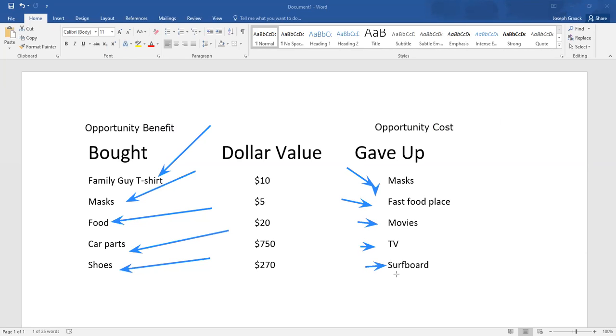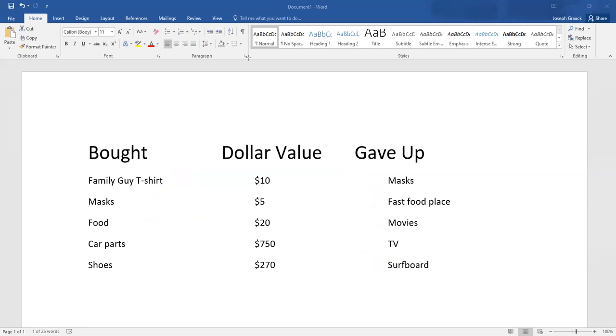And so the one thing that you want to realize is that when you buy something, when you have an economic exchange, the things that you get are your benefit. The things that you could have purchased or could have got are your cost. And those can always be discussed in either a specific product or service or a dollar amount.